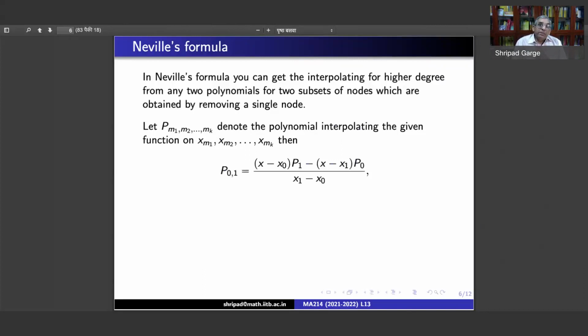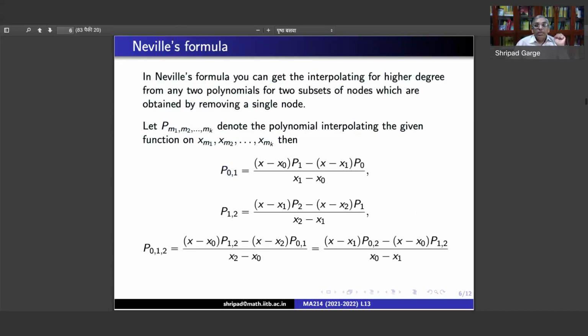Now p01 is the polynomial which interpolates the function on x0 and x1. So when we are looking at p01, that means we are looking at the nodes x0 and x1 and we are interpolating the function on these two nodes, it is given by this formula. Similarly, p12 is given by this formula.